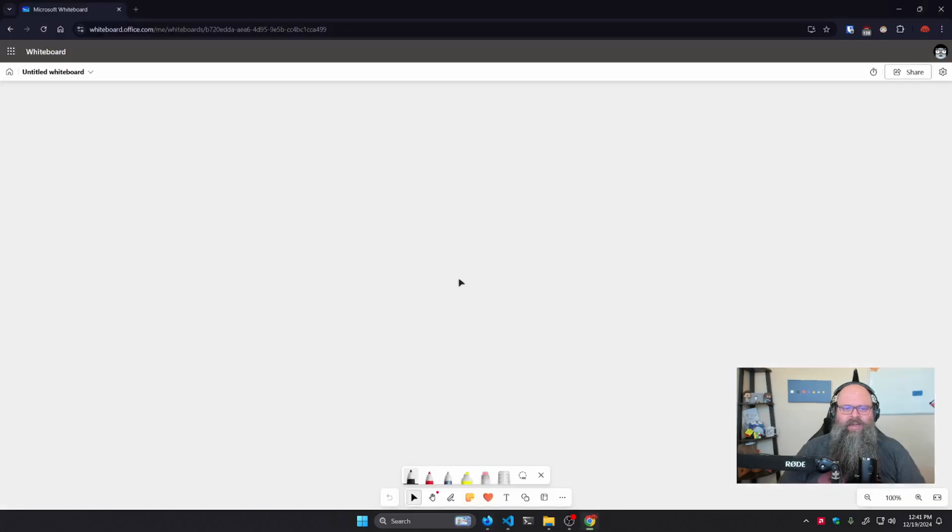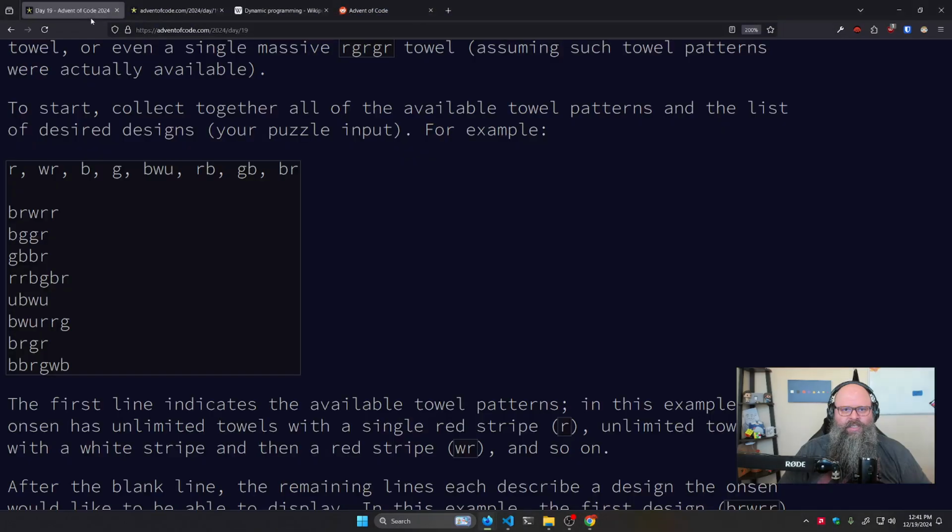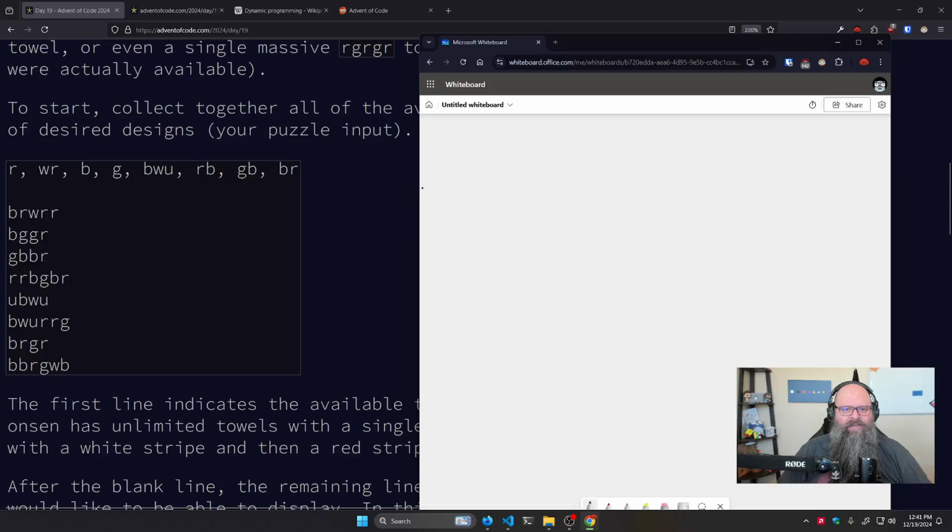So just to graph the idea out at a really high level, let's take one of them and just try and solve it in a dynamic programming way. So we have these values here that we can pull from: U, RB, GB, and BR.